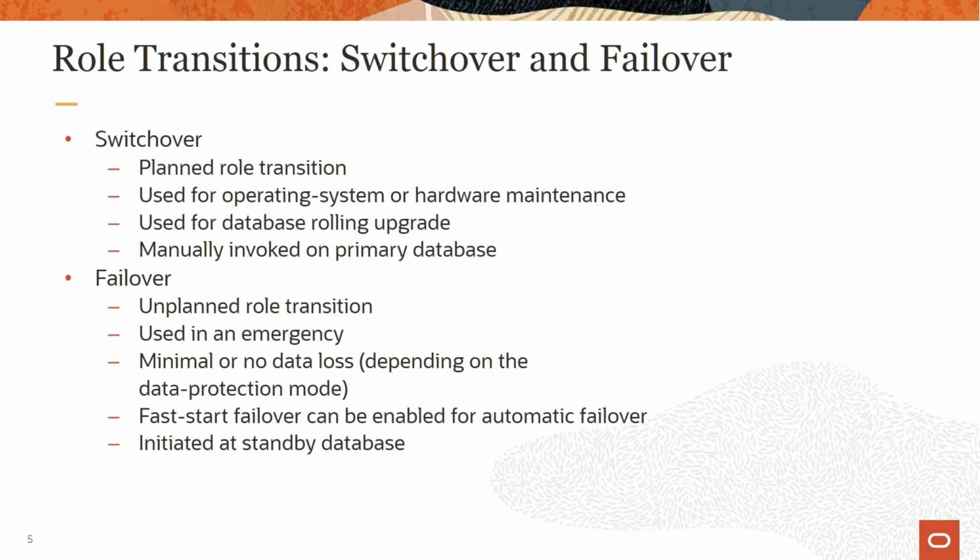So in order to reduce and eliminate business impact, you can switch over to another database, let's say a standby database running out of Dallas, Texas. So the applications will be switched to the new primary database, and we can provide continuous service.